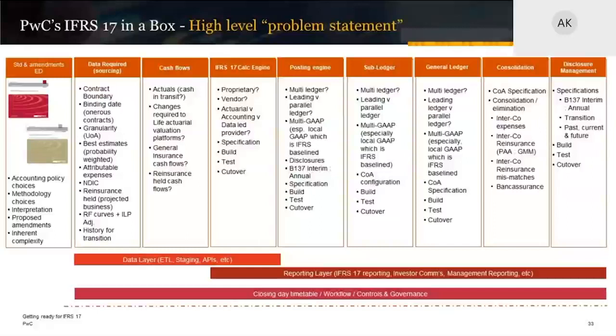So if you were to do it fully on your own, what does it mean for you? First, you need to read the standard, you need to translate it into your business requirements, you need to build a data model, so basically design a set of data required to deliver the calculation.